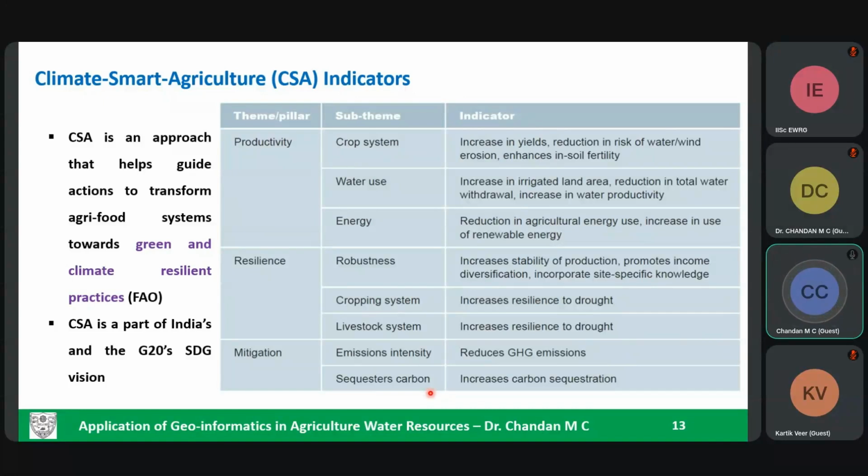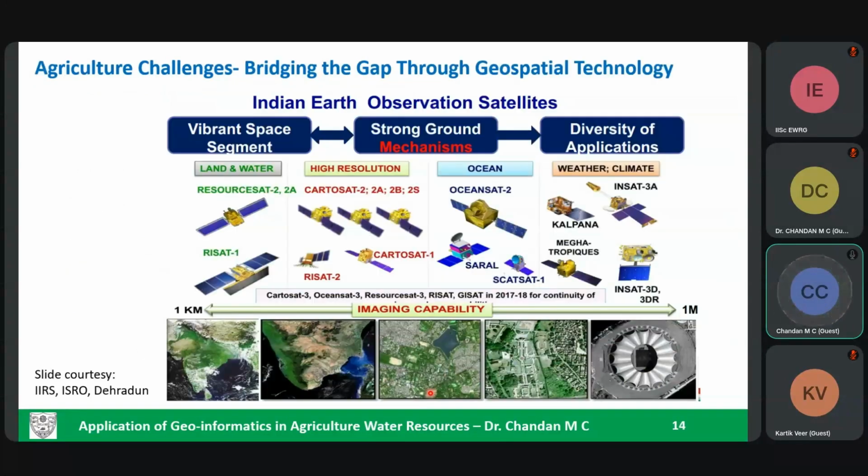Now, to achieve this climate smart agriculture or the Sustainable Development Goals, we need to have a system where you can integrate the field data with the remote sensing data. That is where the challenge can be addressed by bridging the gap through geospatial technology, especially with respect to Earth observation satellites. If you see the Indian context, we have plenty of satellites which can give you enough data for monitoring the agricultural sector.